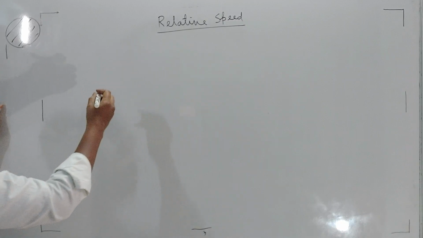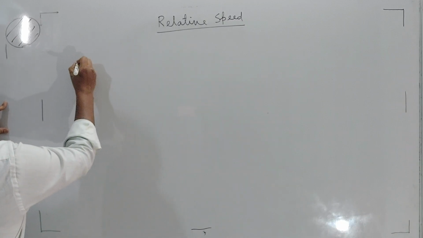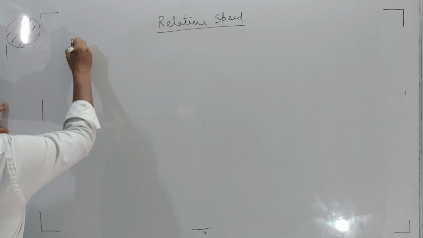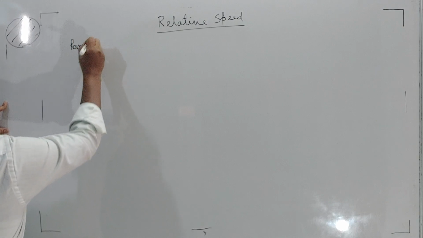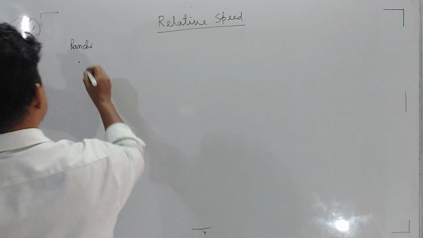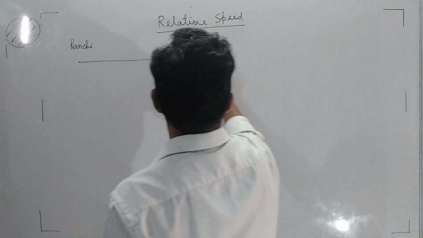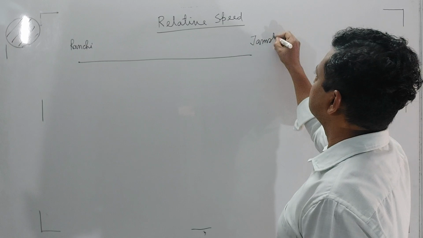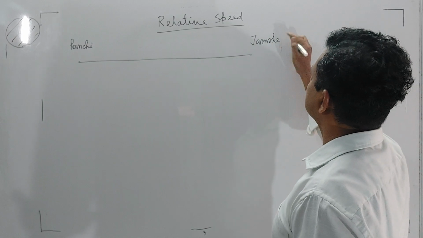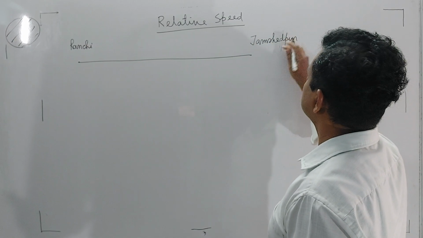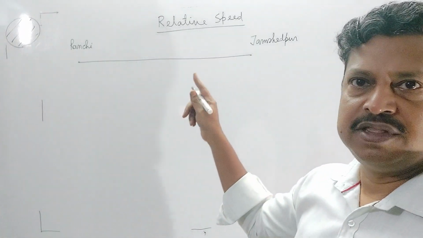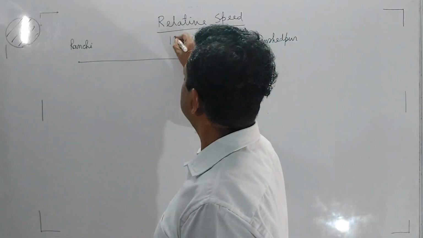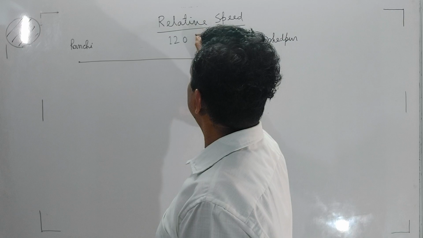Let's say there is a city Ranchi, and there is another city Jamshedpur. Now the distance between these two cities is 120 kilometers.